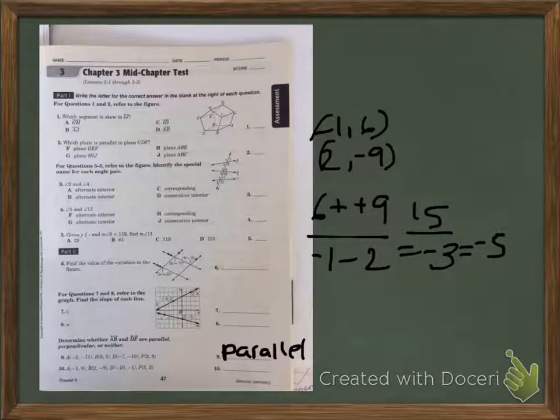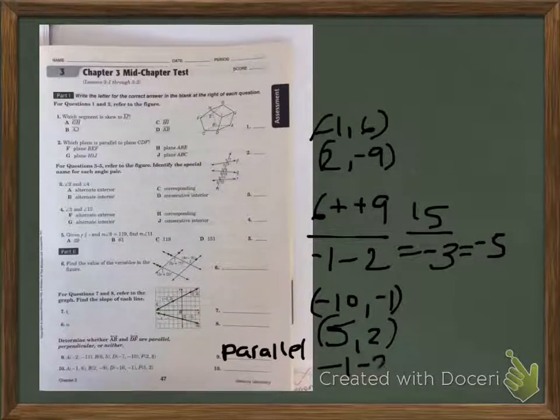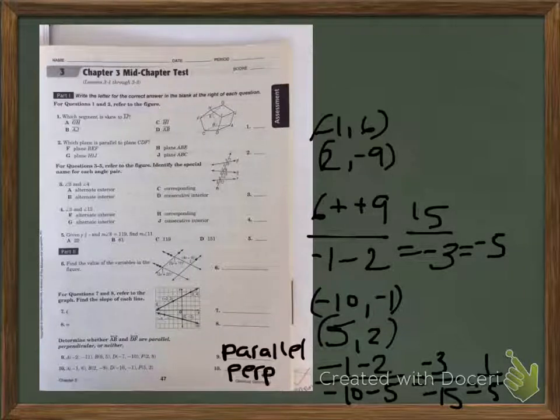And then we're doing the same thing with DF, so -10, -1, and 5, 2. That's going to give us -1 minus 2 over -10 minus 5, which is -3 over -15, which is +1/5. So notice that they are reciprocals of each other and opposite signs, so these would be perpendicular. And that concludes our review for the upcoming quiz on lessons 3.1 through 3.3 for geometry.